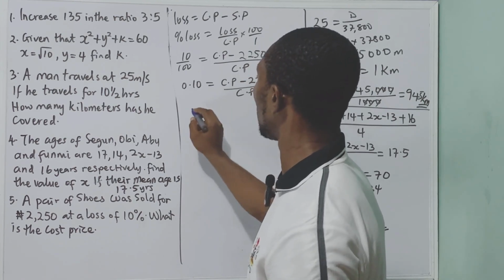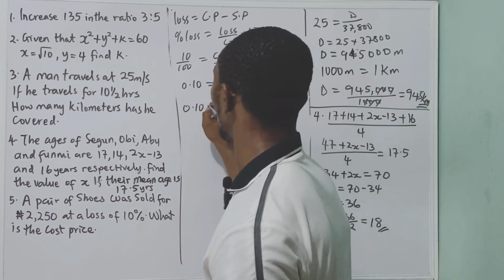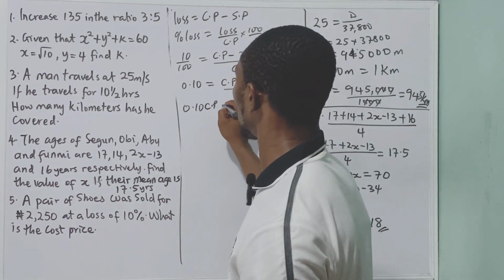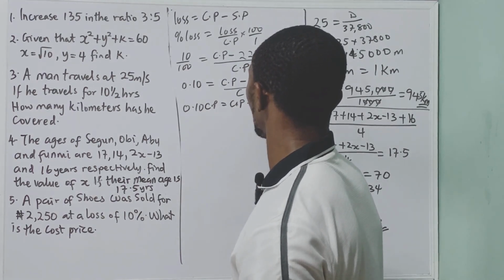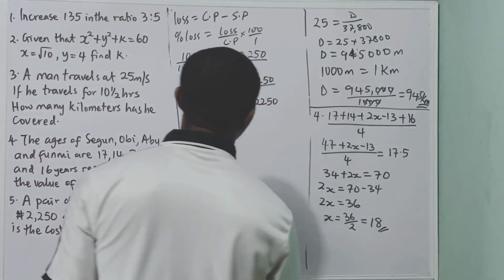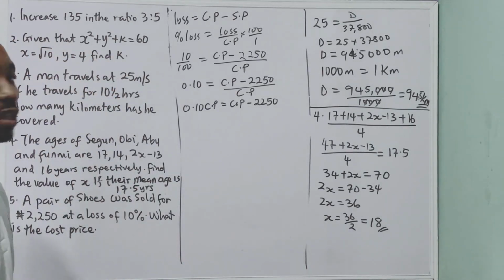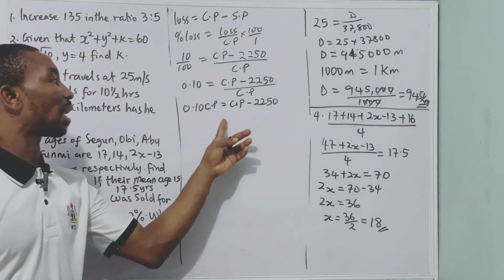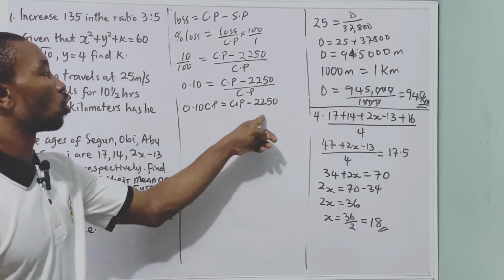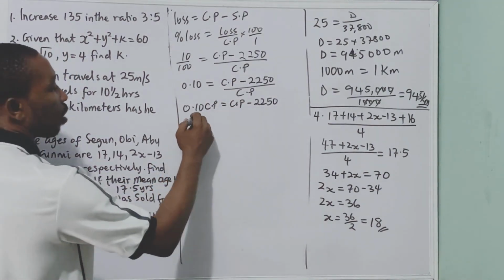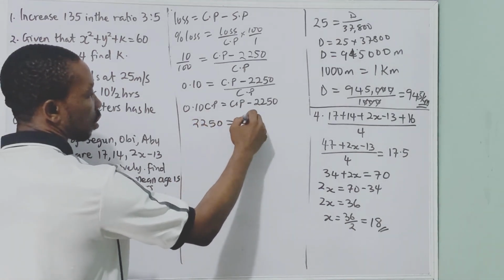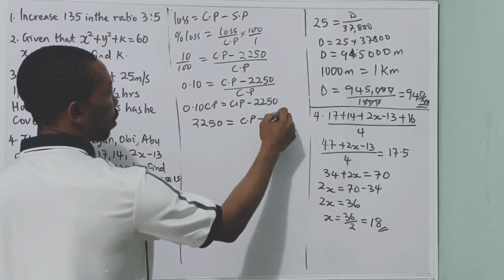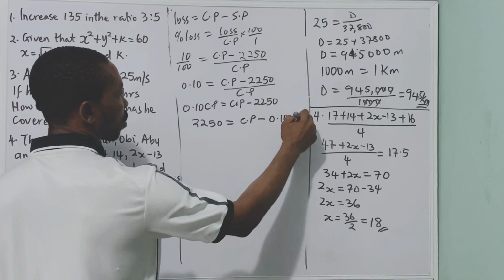Cross multiplying, this becomes 0.10 times our cost price equals cost price minus 2250. Okay, now let's collect our like terms together. Now, what are like terms here? Our cost price. So moving this over, this becomes 2250 equals cost price minus 0.10 cost price.